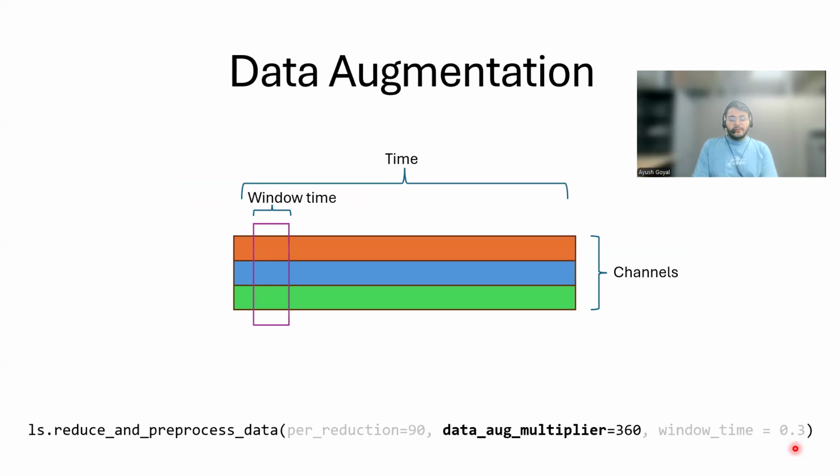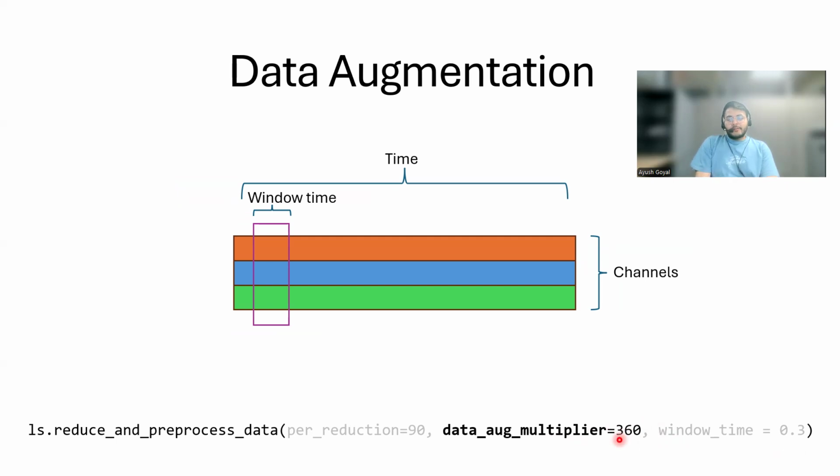We also offer data augmentation inside the package. What the data augmentation multiplier does is, if you have like 1 megabyte of data, this would make it 360 megabytes of data, something like that. So it's like a multiplier.